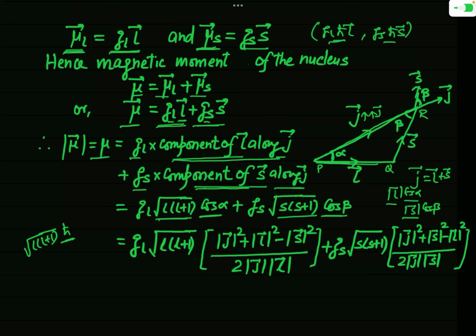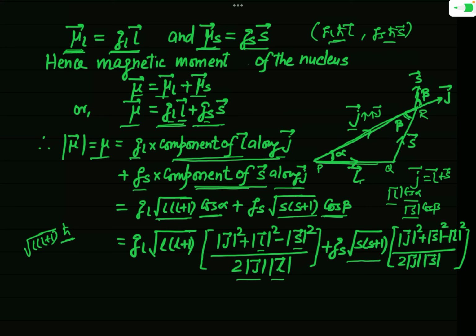But this PR, PQ and QR are actually the magnitudes of J, L and S. So this cos alpha from the properties of triangle is written as mod of J square plus mod of L square minus mod of S square over 2 times mod of J into mod of L, plus GS times root over S into S plus 1, and then there is cos beta.